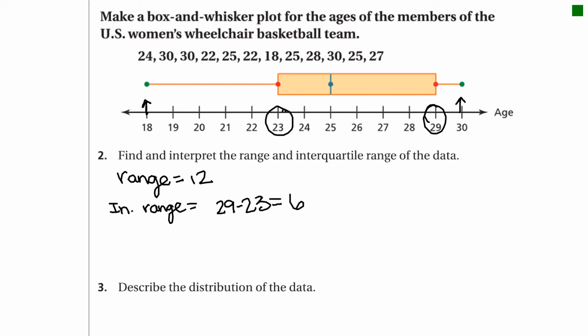So the range of the data, what does it mean when we have a range of 12? That means the data is spread out across 12 ages. There's 12 years.